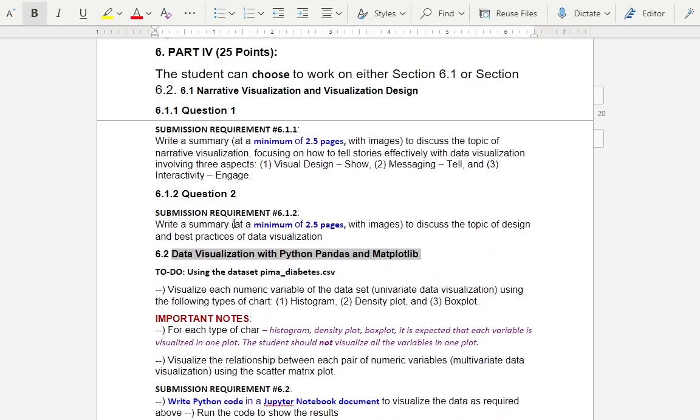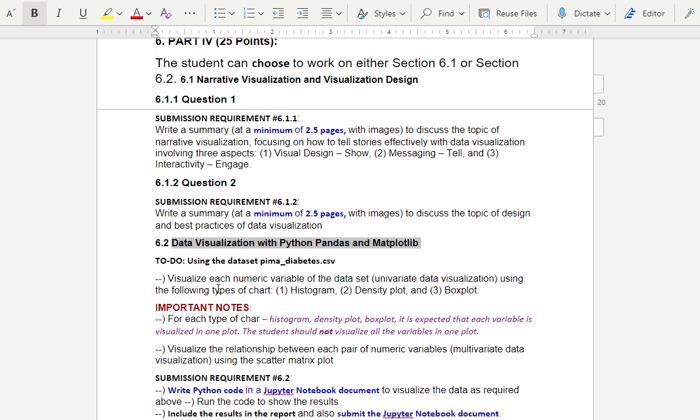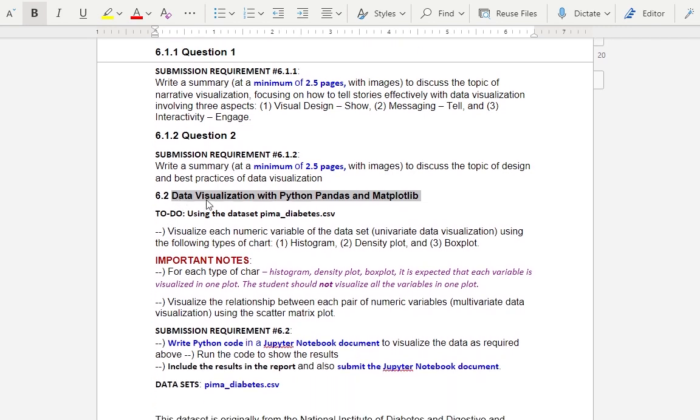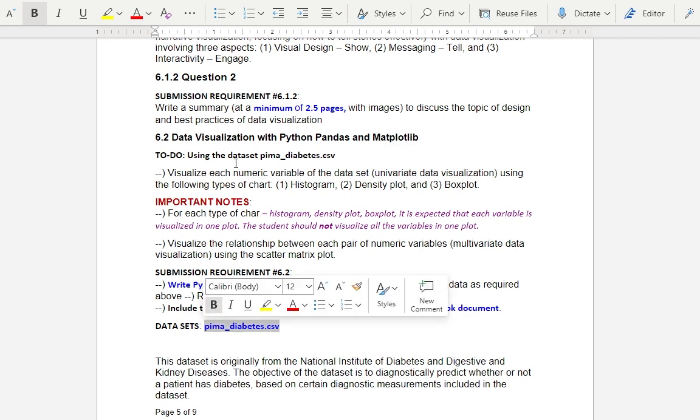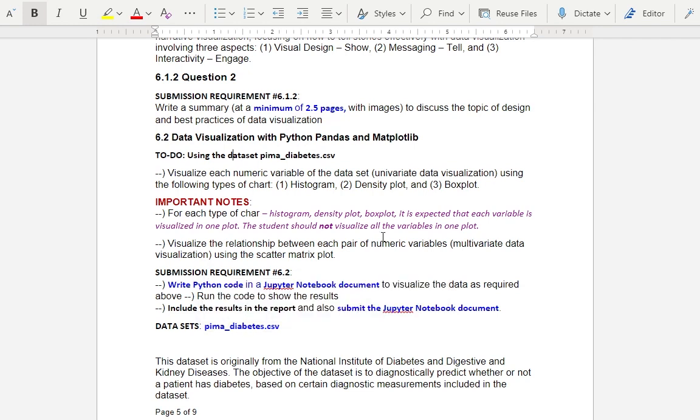All right, in the last part, that is part 4, we can choose to work on either section 6.1 or section 6.2. So I chose to do the data visualization with Python. We have to download the Pima diabetes dataset to run the code in Python. So let's get started.